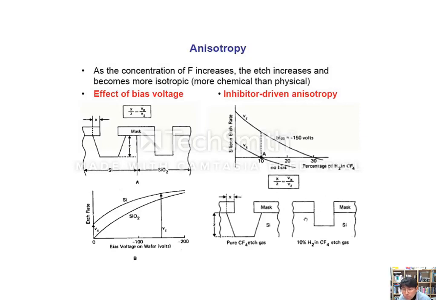X direction is this, and this is only vertical. If you want this kind of pattern, 10% hydrogen is a good magic point. Then you have Vg, but you don't have any Vx at that particular point. At other locations, you have this kind of undercut. So those things are very interesting in dry etching.